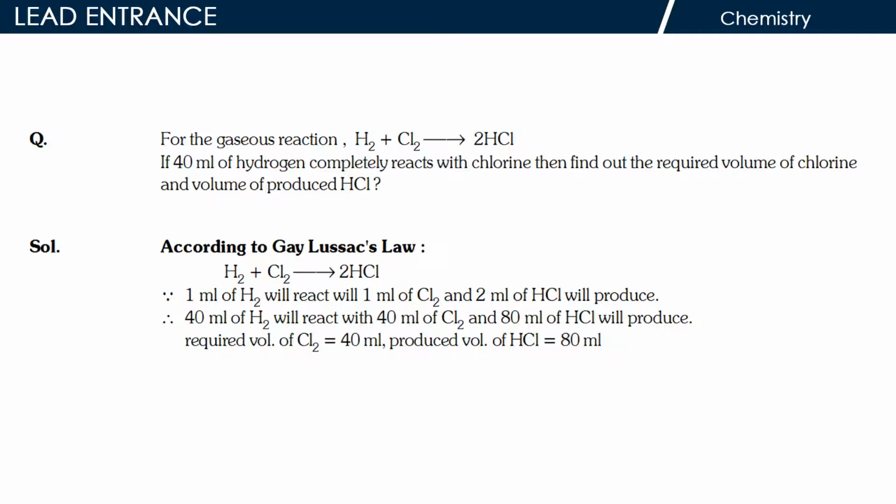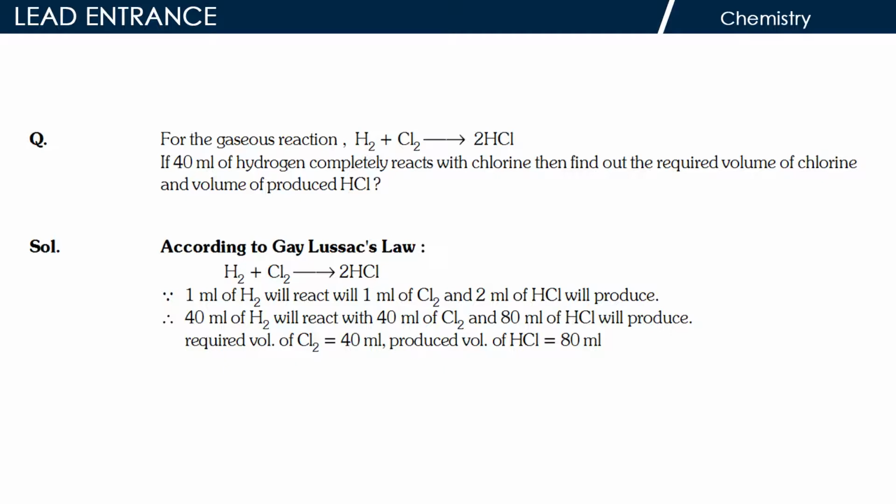According to Gay-Lussac's law, hydrogen plus chlorine gives rise to 2 hydrochloric acid. 1 ml of hydrogen will react with 1 ml of chlorine and 2 ml of hydrochloric acid will be produced.